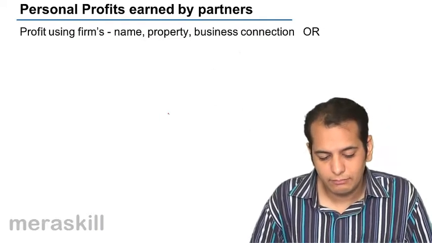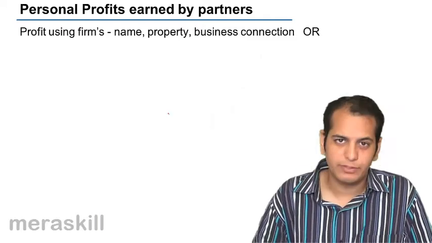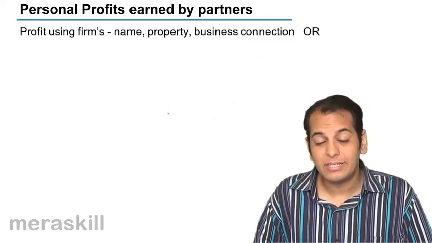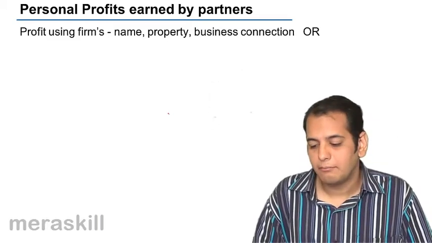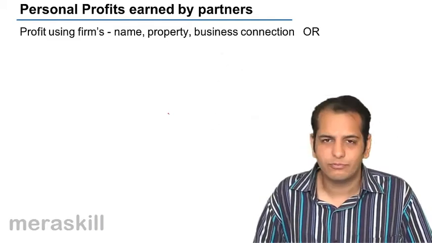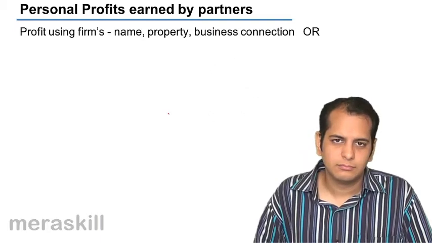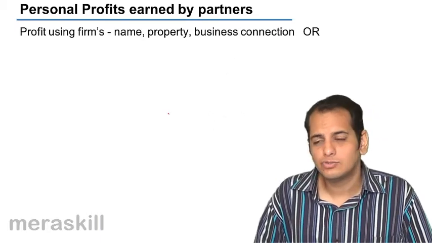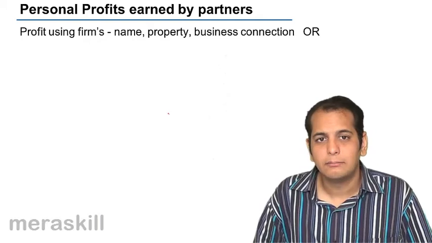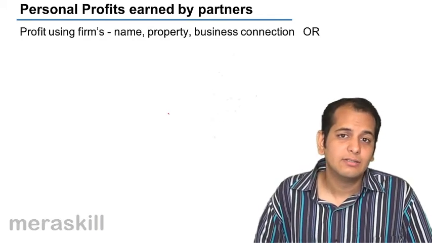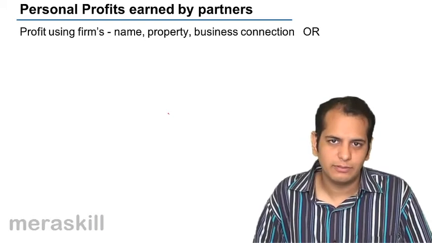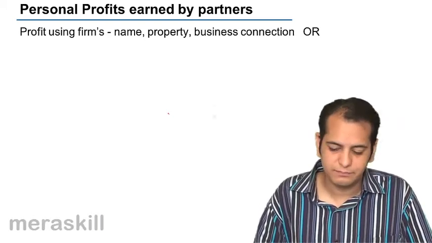So if there is any profit by using the firm's name, by using the firm's property, by using the business connection of the firm. So let's say a partner is doing a personal business, but in the name of the firm, he is showing that he is dealing in the name of the firm. He is dealing for the firm.